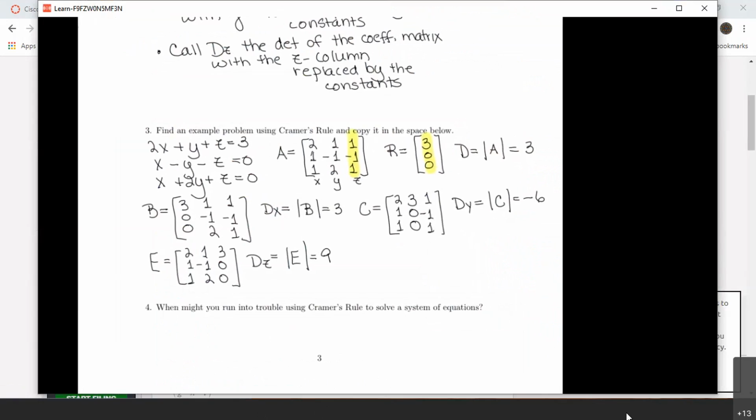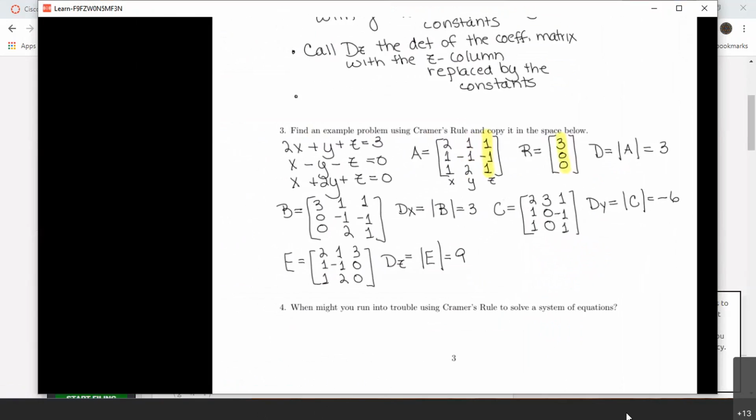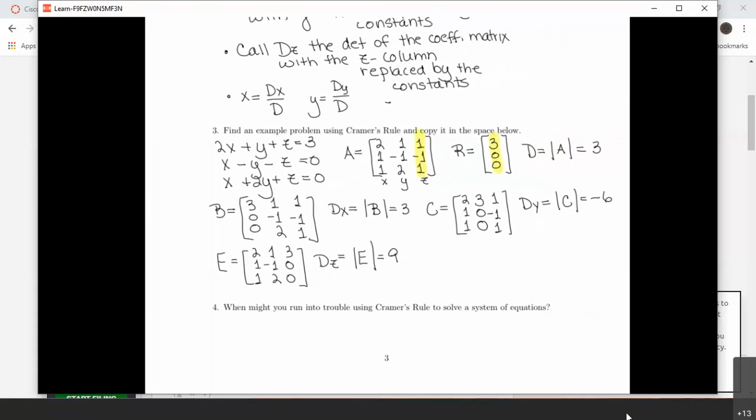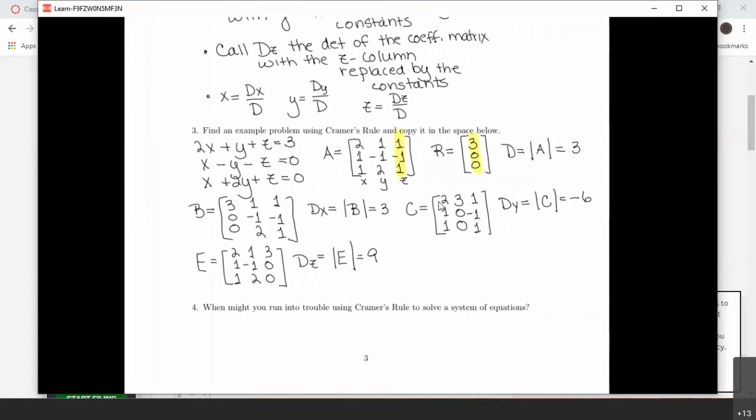Okay, now the last step of Cramer's rule, which I didn't put up here, says that X is equal to D sub X over D, Y is equal to D sub Y over D, and Z is equal to D sub Z over D. So basically, if you just wanted to solve for one of the variables, all you need to find is the determinant of the coefficients, and the determinant of the coefficients with that column replaced with the constants.